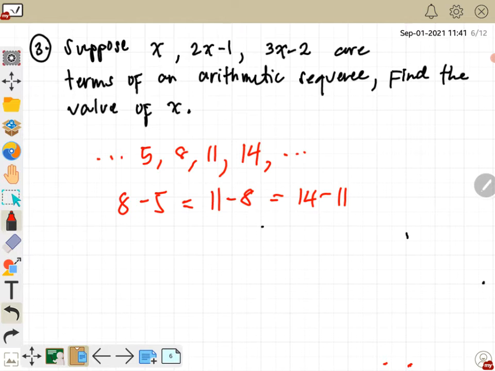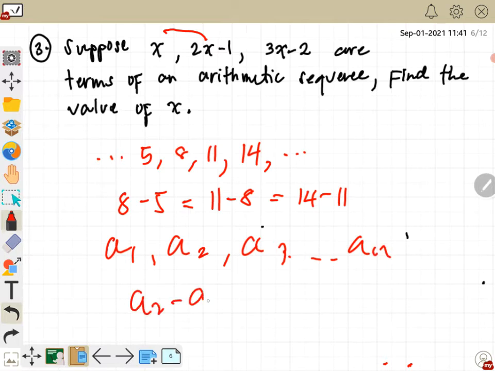So we can apply this idea here. In general, if we have a sub 1, a sub 2, and a sub 3, and so on, up to a sub n, we can say a sub 2 minus a sub 1 is just the same as a sub 3 minus a sub 2.